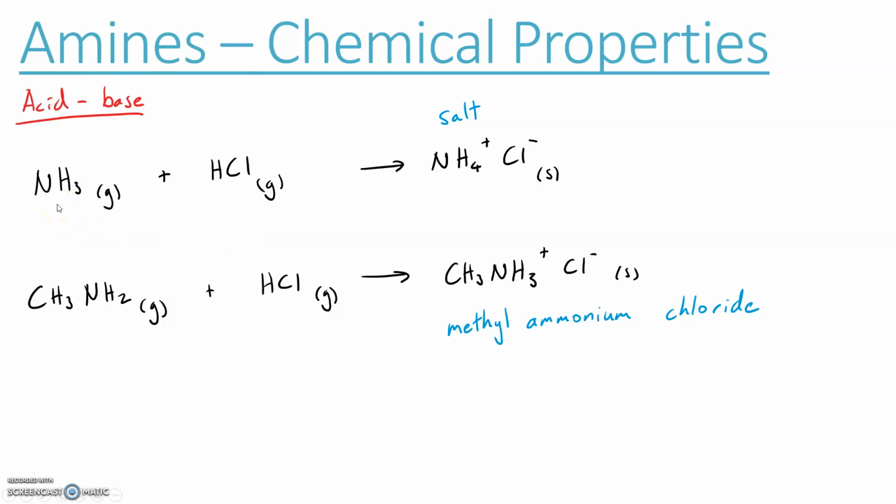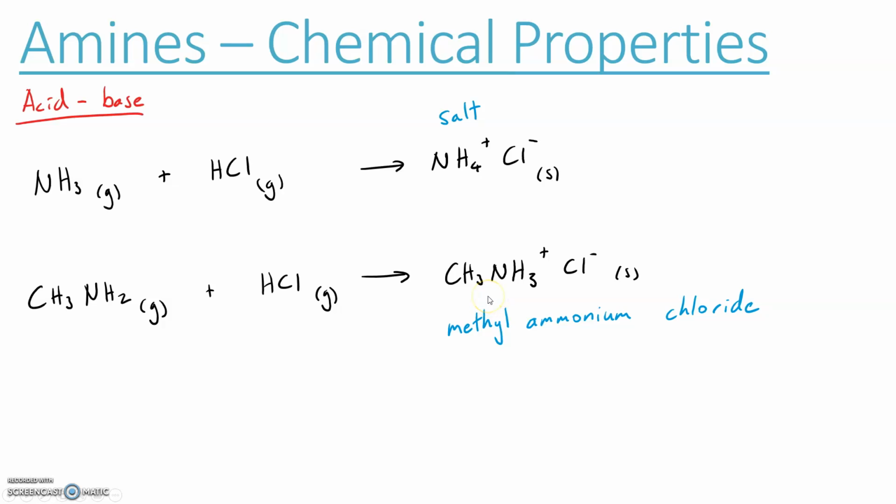Okay, acid base, ammonia. If we react ammonia, which is a base, with hydrochloric acid, HCl, we get ammonium chloride, we get a salt. Same thing happens with an amine. So let's take methanamine as an example. We react with HCl, we get methyl ammonium chloride.